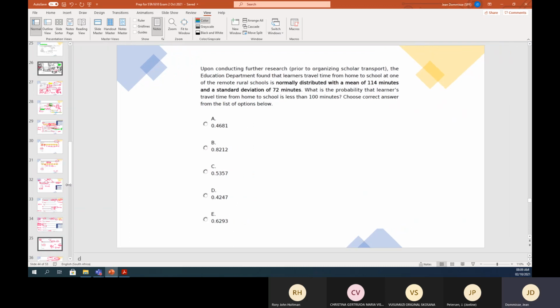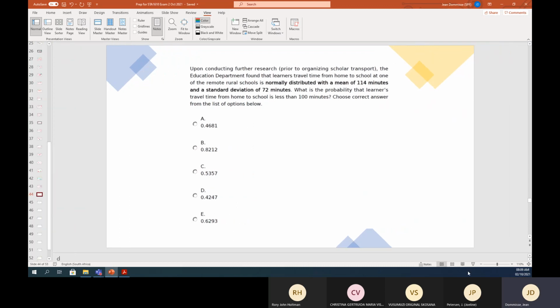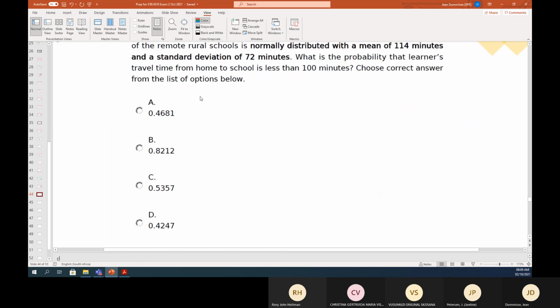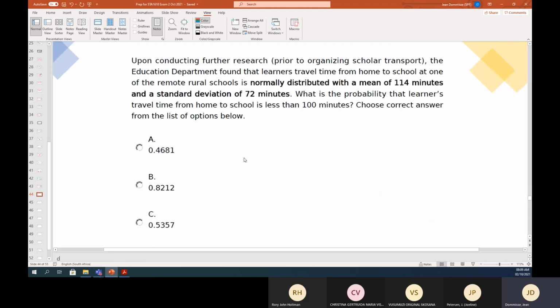Upon conducting further research prior to organizing scholar transport, the Education Department found that learners' travel time from home to school at one of the remote rural schools is normally distributed with a mean. So we can see that the mean is 140 minutes.